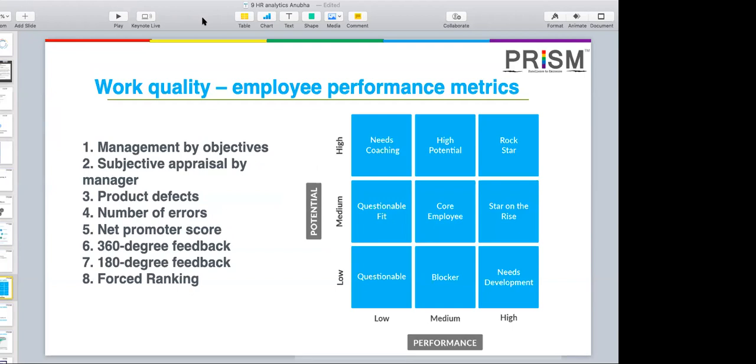Now, management by objectives is a way to structure the subjective appraisal of a manager. MBO is basically a management model, and we all have studied this subject in organizational behavior. It aims at improving the performance of an organization, and here we translate organizational goals into individual specific goals.